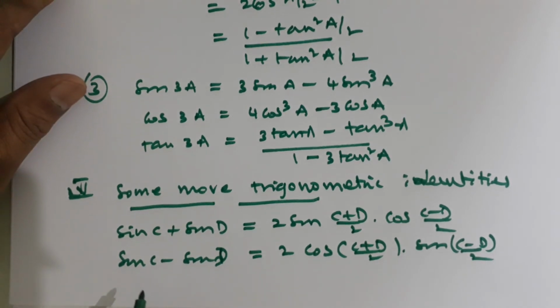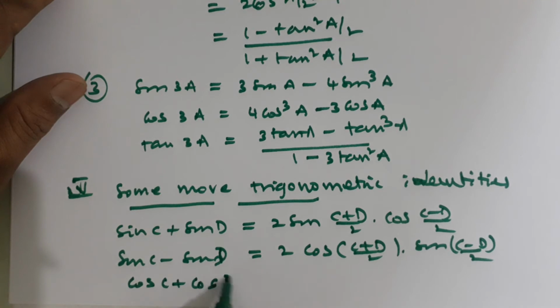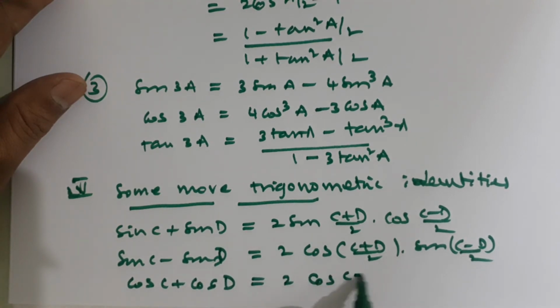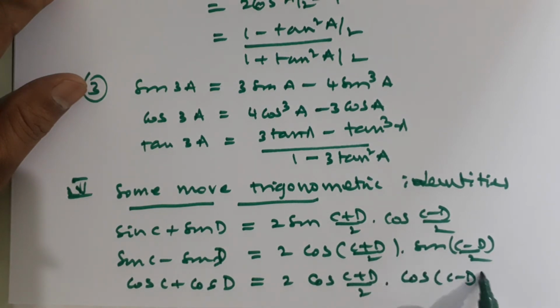Next, cos c plus cos d is equal to 2 cos (c plus d)/2 into cos (c minus d)/2.